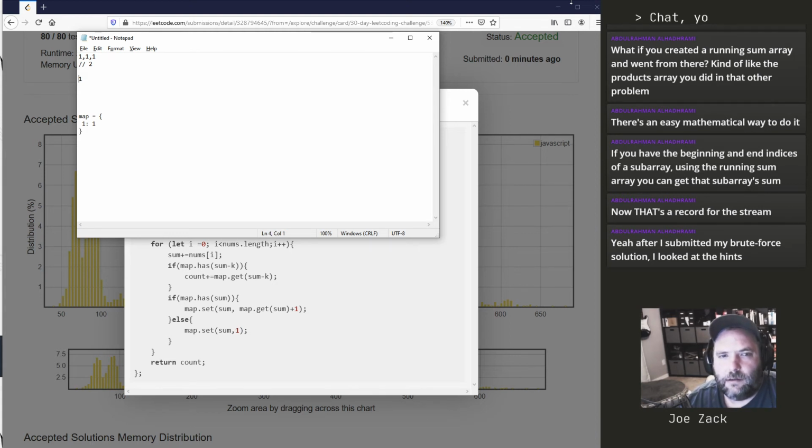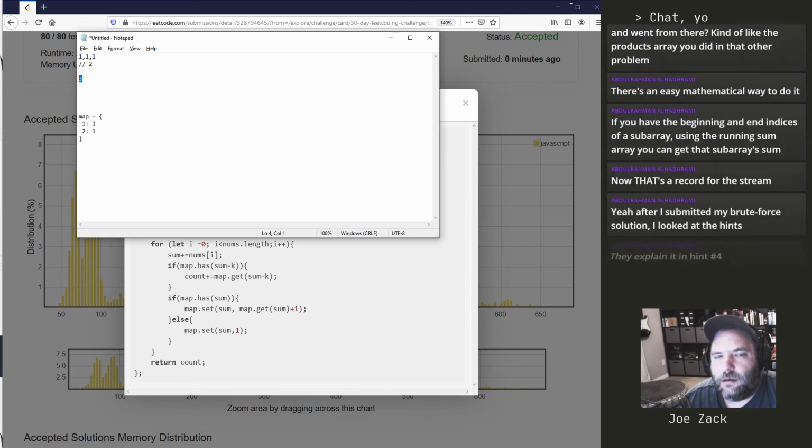Okay, we come back around. Now our sum becomes 2. 2 minus 2 equals 0, which is not an array. So now let's go ahead and set map at 2 equal to 1. Okay. Now we add that third one, and this is where the magic happens.